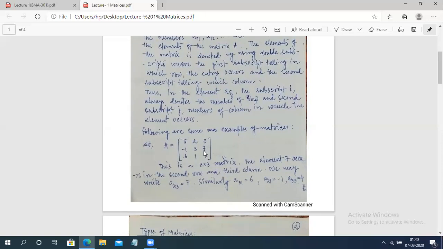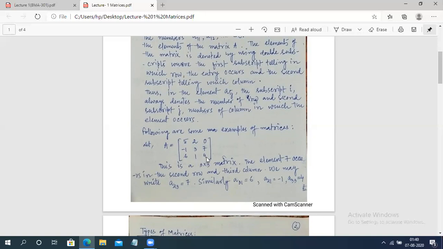Okay, A23, which element is it? The element is 7. 6 occurs in this position: third row, first column. So the element 6 will be A31. 1 occurs in the third row, second column, so its position will be denoted as A32.